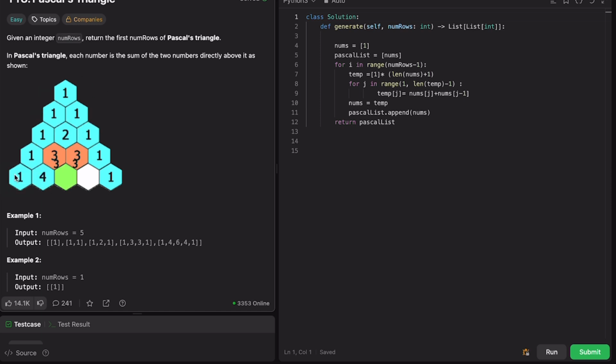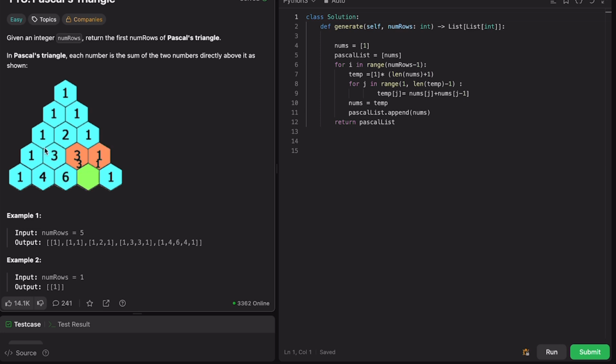If you take a look at this, the first and last elements of each row should be 1. In between, it will be the sum of nums[i minus 1] and nums[i] that you will be counting. Next, here first and last is 1.